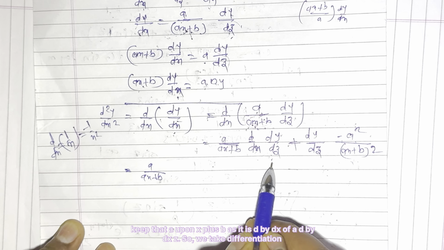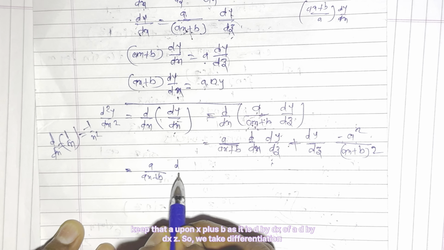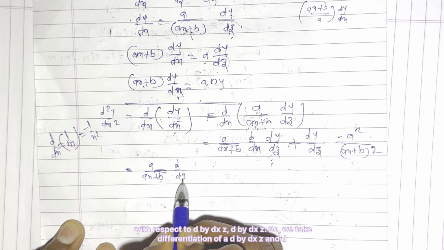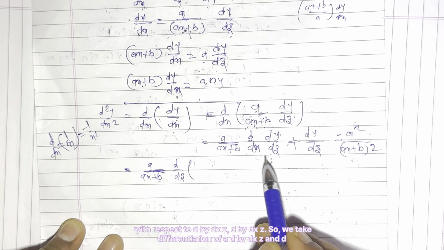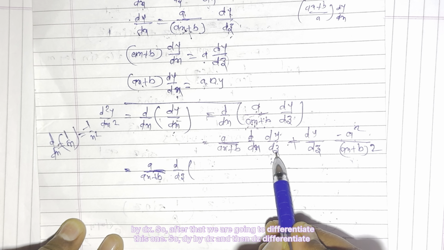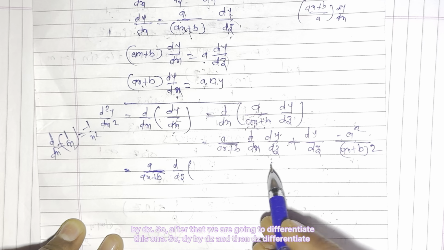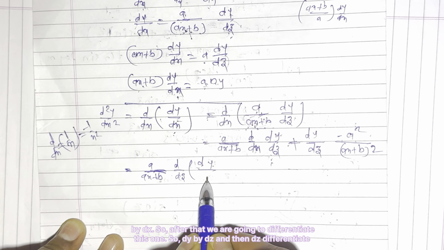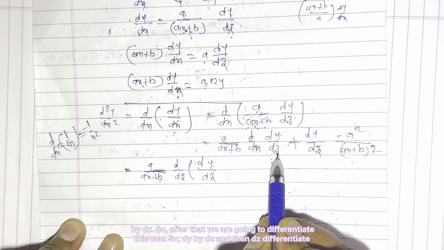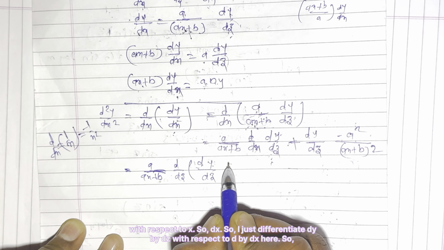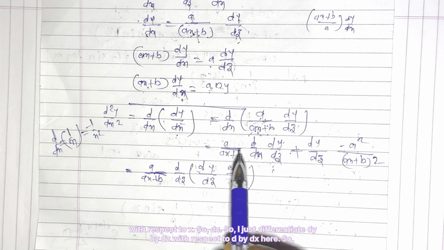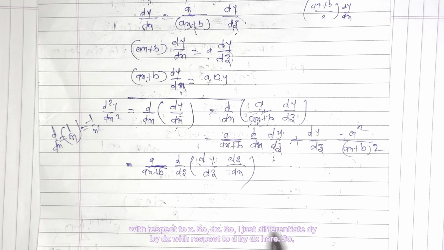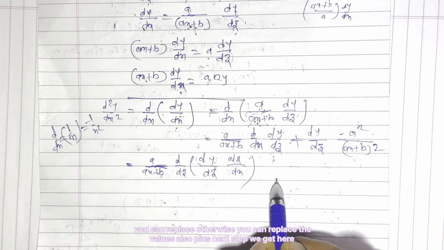We take differentiation with respect to z, so d by dz of dy by dz, and then dz differentiated with respect to x, so dz by dx. I just differentiated dy by dz with respect to x here, or otherwise you can replace the values also.